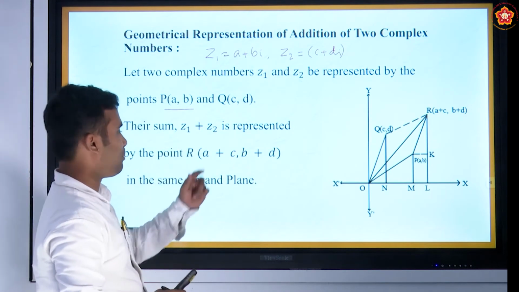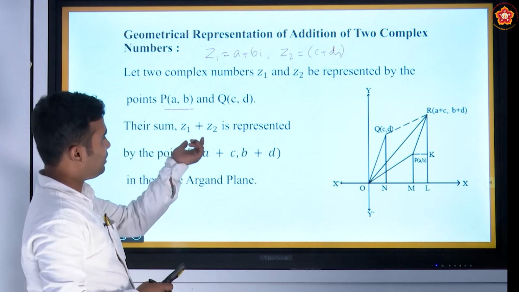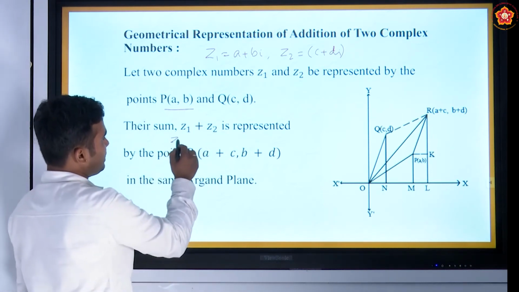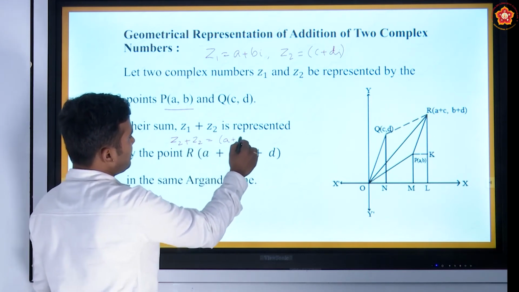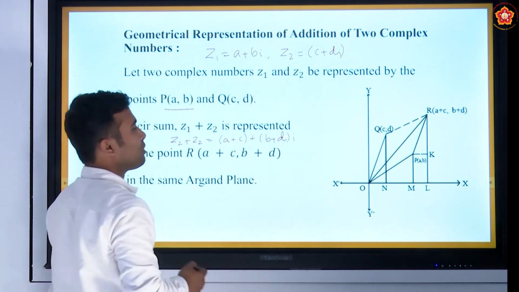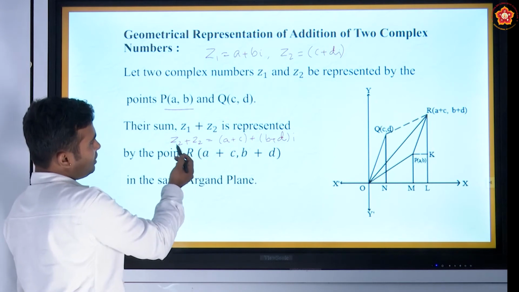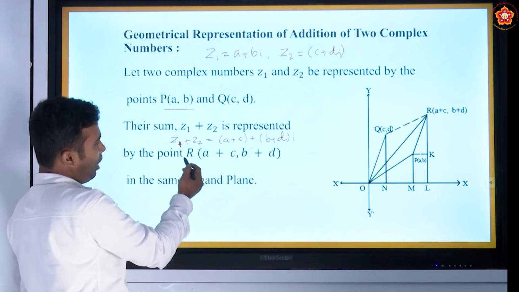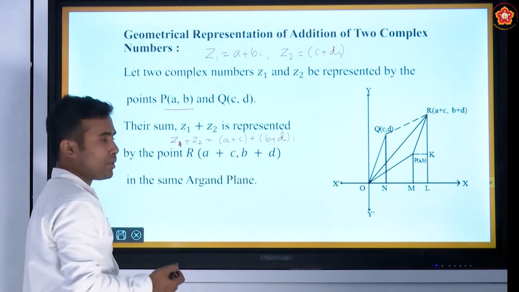Just now we have written that z1 plus z2 is equal to (a plus c) plus (b plus d) times i. So we can represent this z1 plus z2 in the form of a point, say R of (a plus c, b plus d). These are the coordinates.